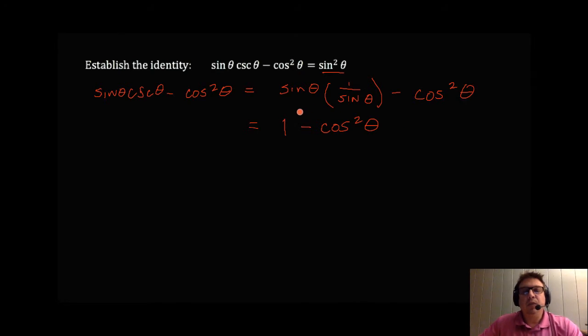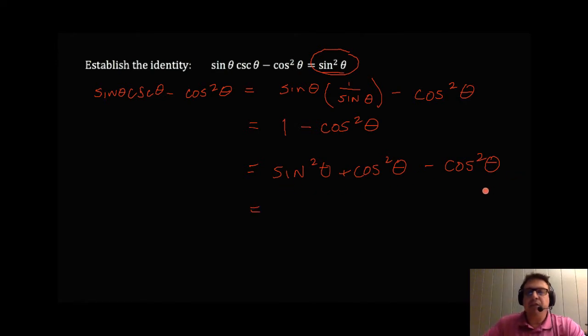All right, so what did that do for us? Well, I want sine squared theta to be the only thing that's left here, so somehow I have to introduce sine squared theta. Remember, based on the Pythagorean identity, 1 is equal to sine squared theta plus cosine squared theta. Then we take what is left here, minus cosine squared theta.